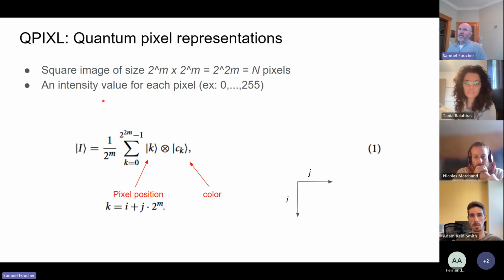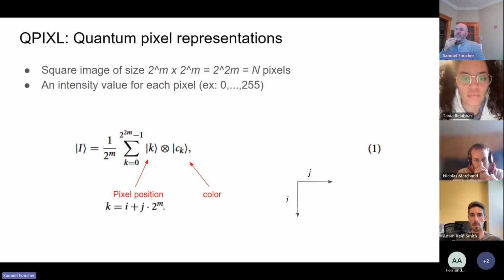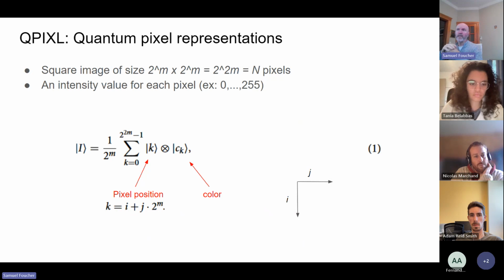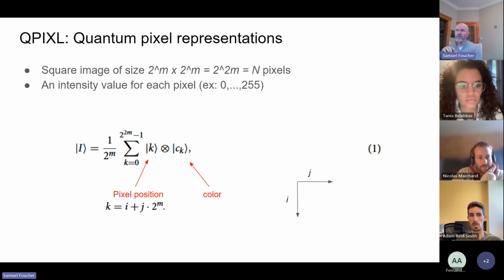We are looking mainly at what we call grayscale images, images for which the values are encoded on 1 byte. So values are between 0 and 255, which is the simplest format for an image, at least in computer vision.